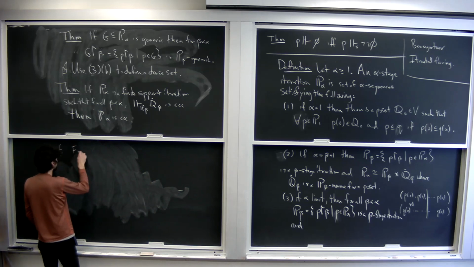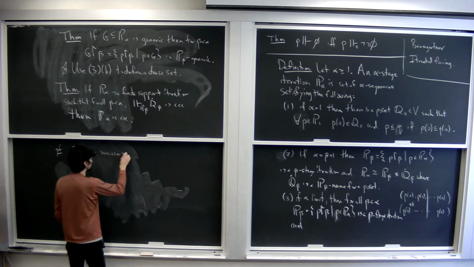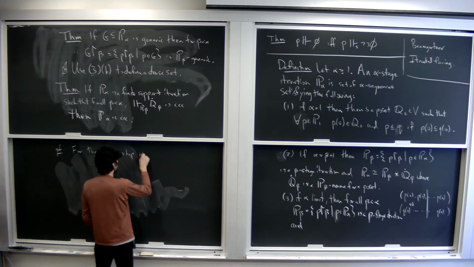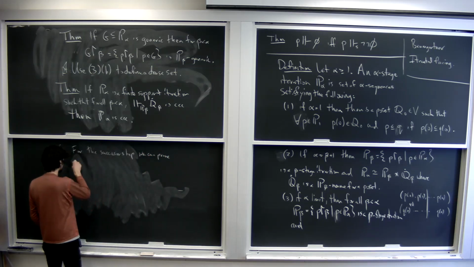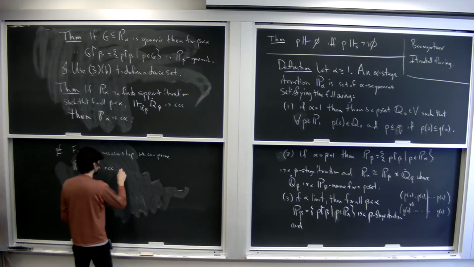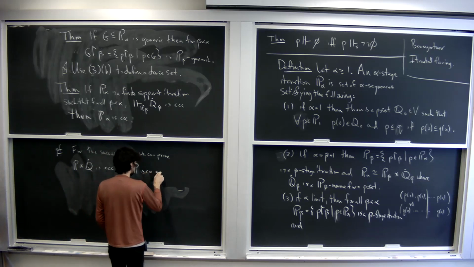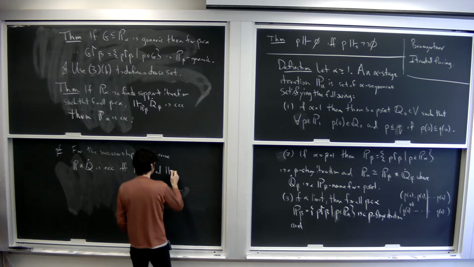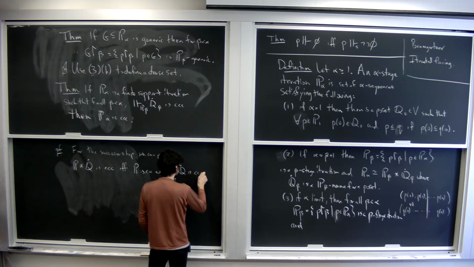For the successor step, we can prove that, forgetting the notation above, P star Q is CCC if and only if P is CCC and it's forced by P that Q is CCC.